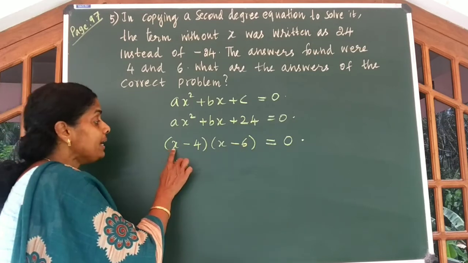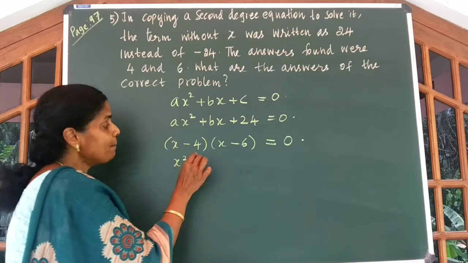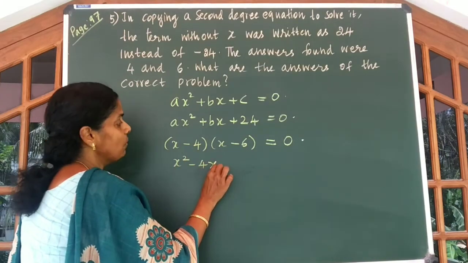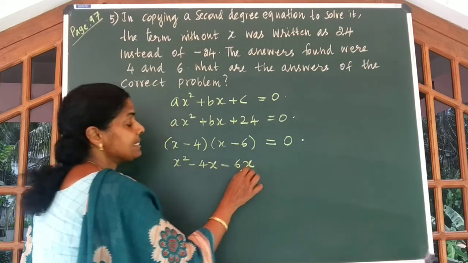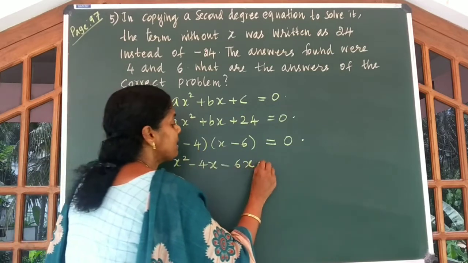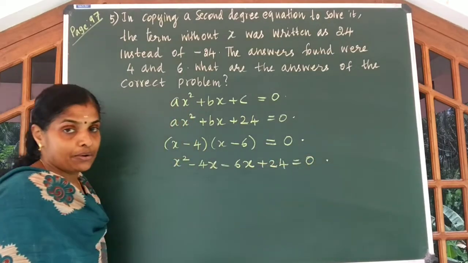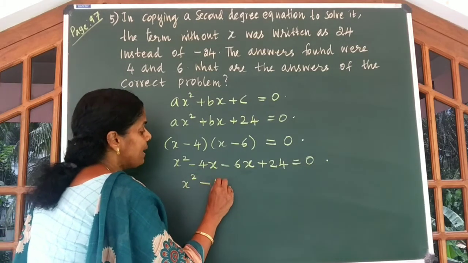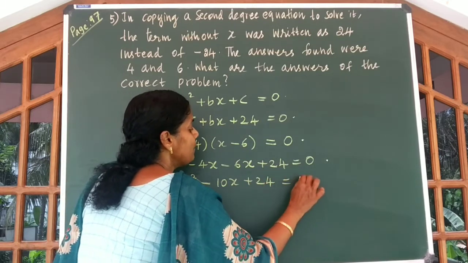Okay. Now let us multiply x with x. You get x square, minus 4 into x gives you minus 4x, minus 6 into x gives you minus 6x, minus into minus gives you plus 24 equal to 0. Now we can write this equation as x square minus 10x plus 24 equal to 0.